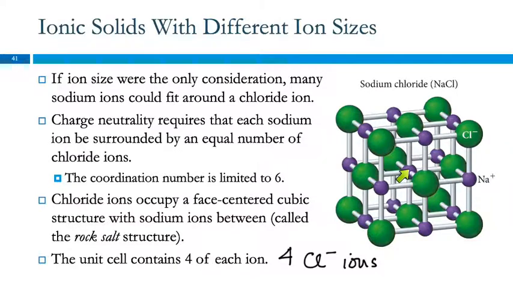So what does that tell us about how many sodium ions there are? We could look at this by charge neutrality, or we could try to visualize what's going on there with the purple spheres. I choose charge neutrality. If there's 4 chloride ions, there must be 4 sodium ions. There's 1 in the middle, and then a quarter and a quarter and a quarter on the edges.